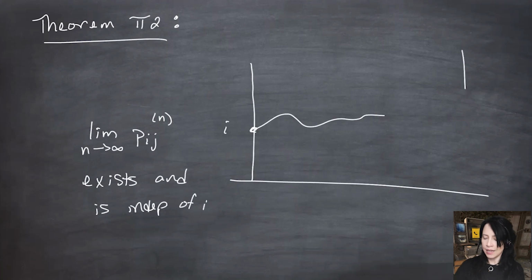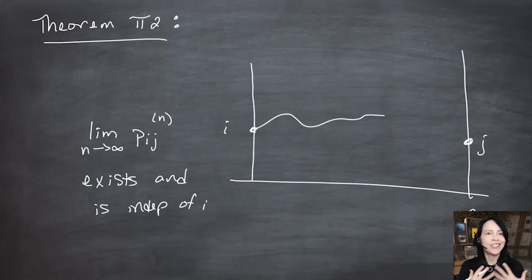So this is like a long run probability of ending up in a state j, and you've gone for so long that the chain does not remember that it started at i. And we showed that any limiting distribution is stationary.